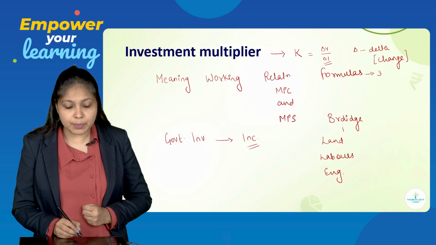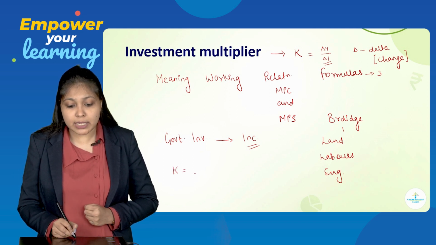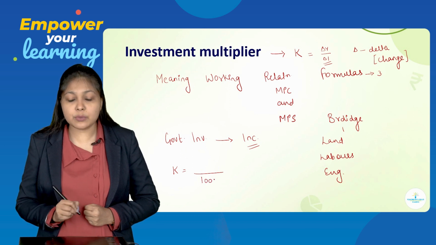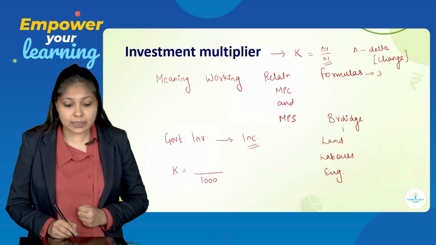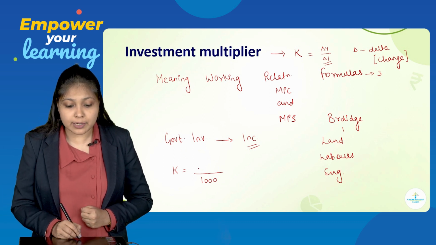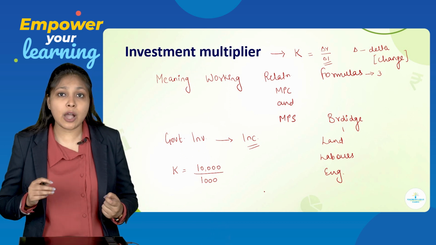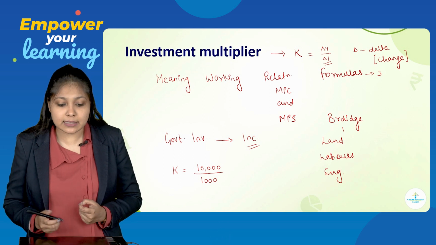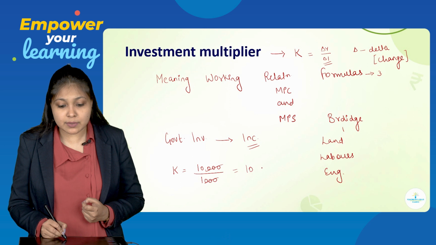Let us take a very simple example. For example, investment has been changed by, suppose, 1000 rupees, and income has been increased or generated by 10,000 rupees. Now, if I ask you by how much the investment multiplier has increased, I can very simply say by 10 times.